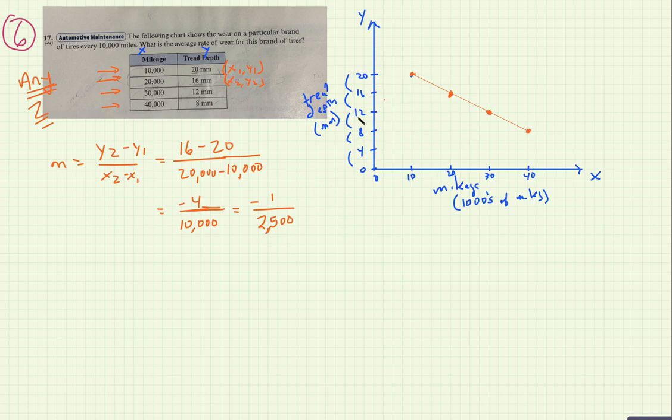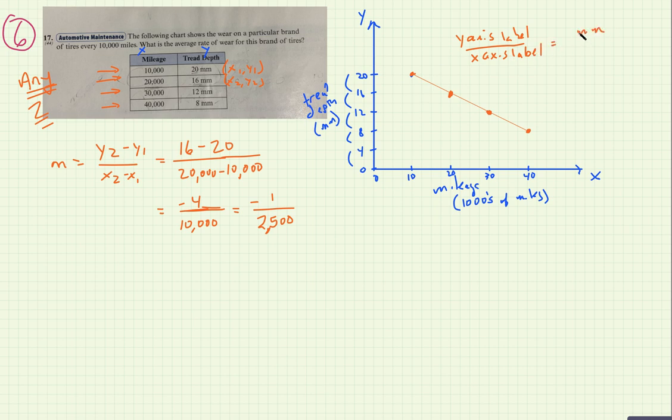That's our slope. And notice the units of slope. I'm going to give you a little bonus here. I wasn't going to get into this, but just like you do your y's over your x's when you're finding your slope, the units of your slope is the y-axis label over your x-axis label.